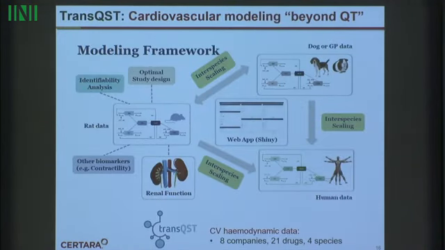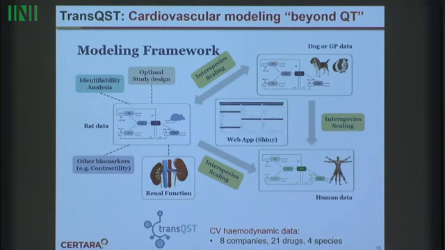Okay, my last two slides are just a heads up for work that's going on now. If you want to hear more, Hugh sits in the back. She's the PhD student doing this work. So this is part of a large European consortium called TransQST, which is quantitative systems toxicology instead of pharmacology.